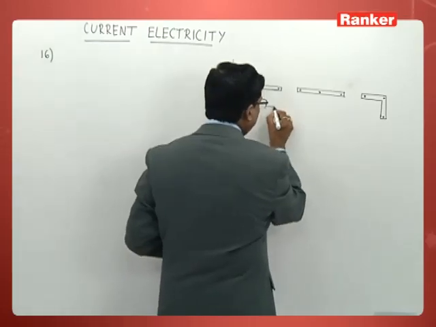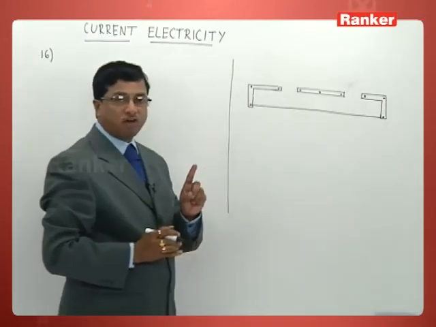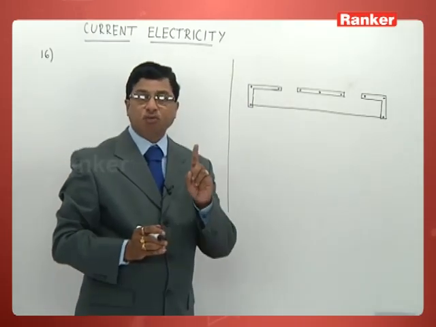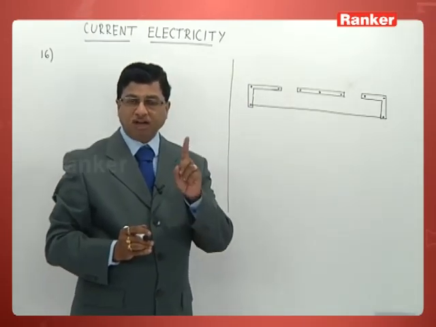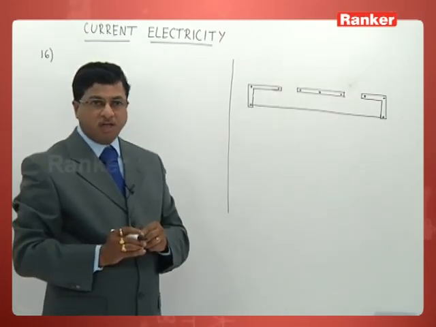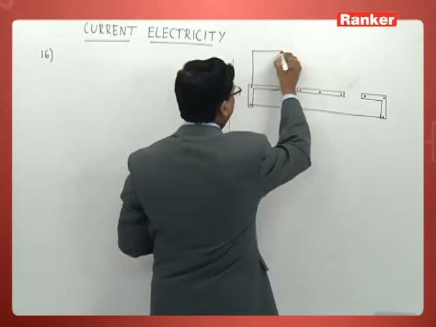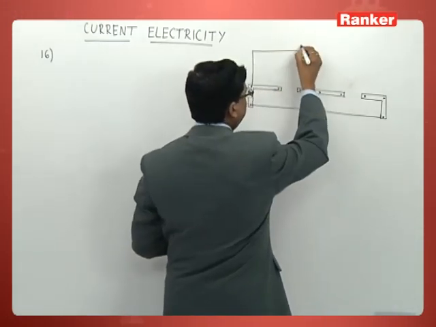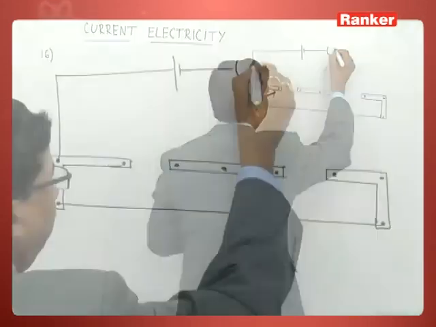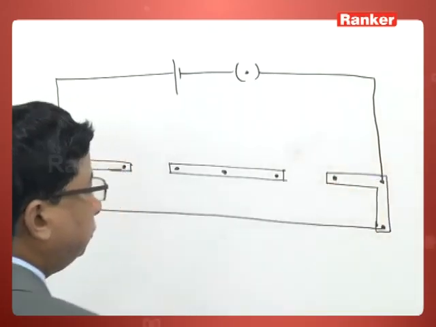Across these 2 terminals, we connect a uniform cross-sectional wire of exactly the length 1 meter. And across these 2, the extreme ones I am talking about, we connect a cell and a key like this.